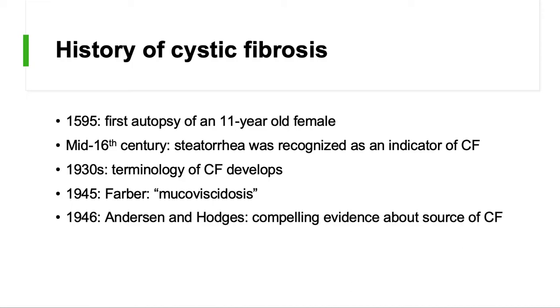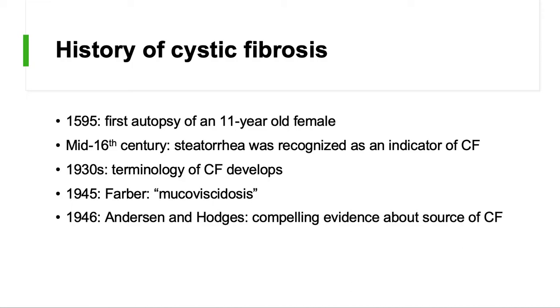As a matter of fact, the first researchers who provided compelling evidence about the source of cystic fibrosis were Anderson and Hodges in 1946. They reported cystic fibrosis as a genetic disorder that stems from an autosomal recessive mutation.